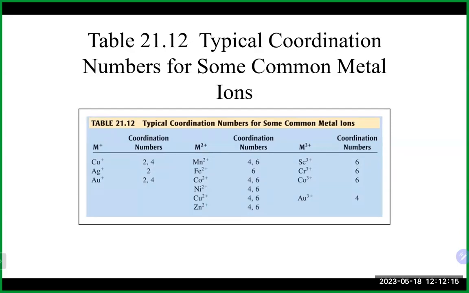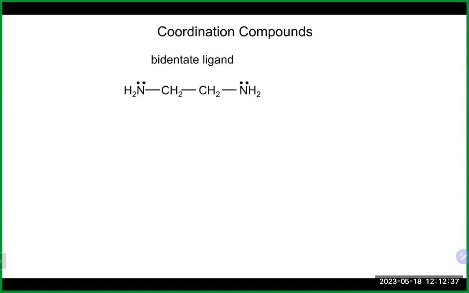And if you have a +3 charge, again on the higher side, 6 guys are able to get in there, except for gold, which usually will hang out with 4 things attached to it. So roughly the pattern is, the larger the positive charge, the more ligands you can probably get to attach to it. Again, because we think about it as a little bit more electron deficient than something with a smaller positive charge.